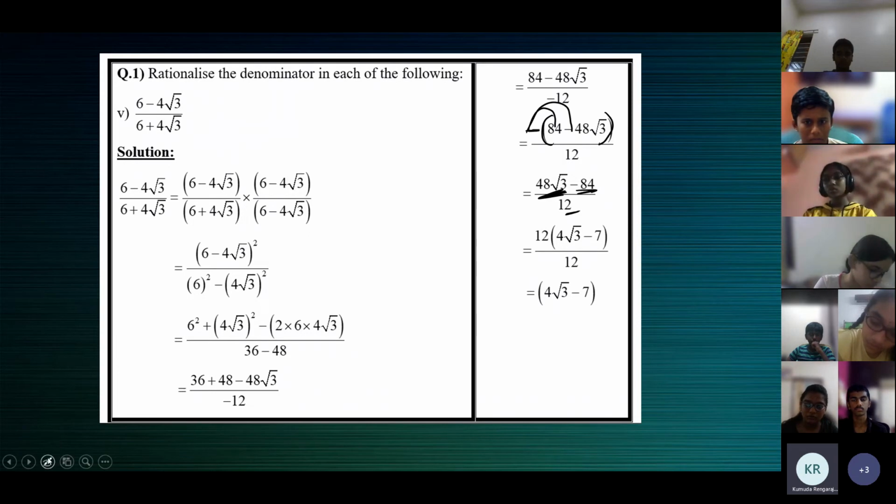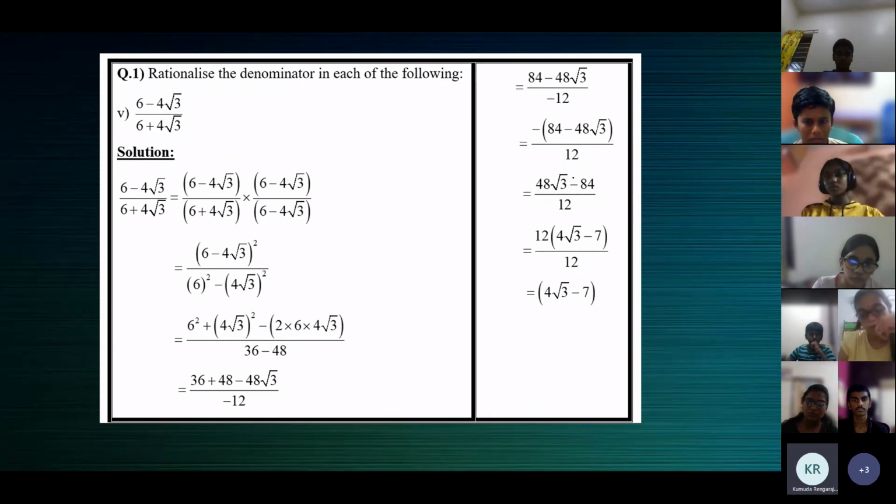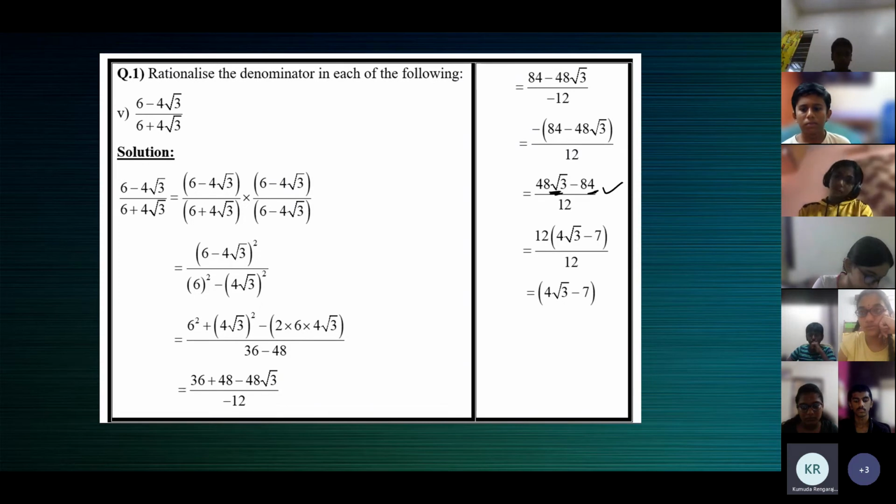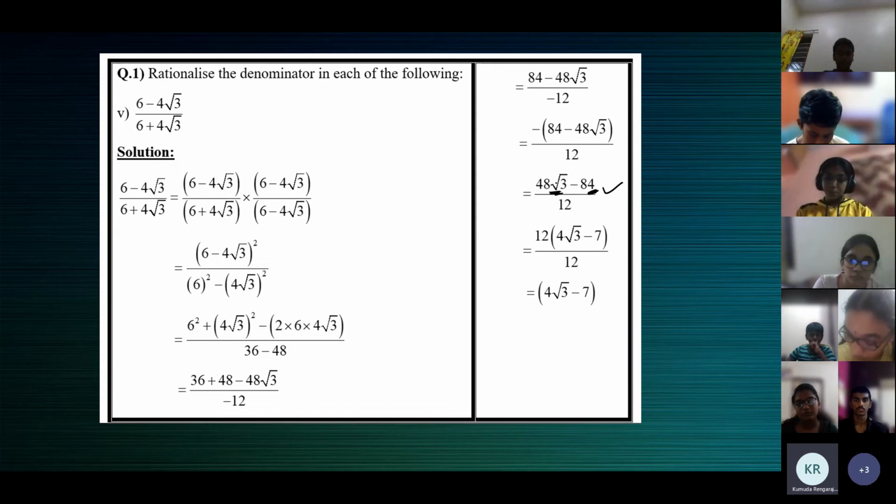So in these steps, we have just taken the minus sign up to the numerator. We've written the positive term first and then the negative term: first the positive 48 root 3 and then the negative 84, divided by 12. Now, in the numerator, 12 is the HCF of 48 and 84.